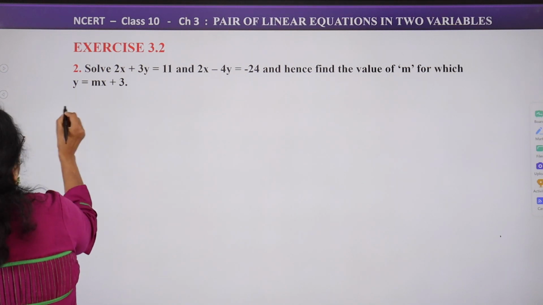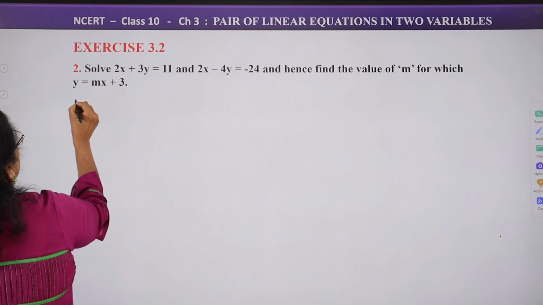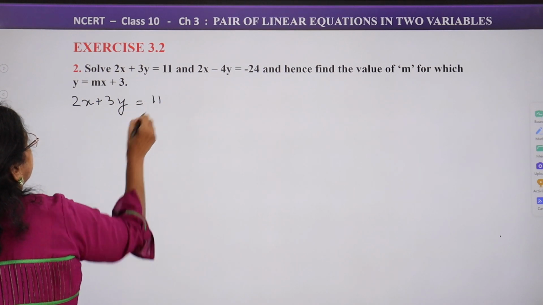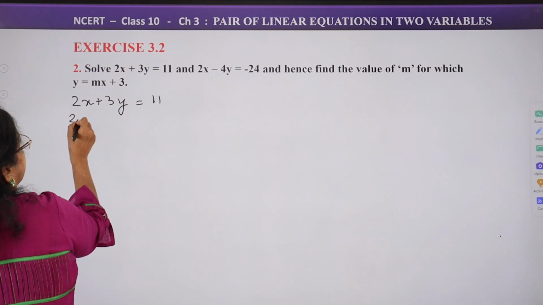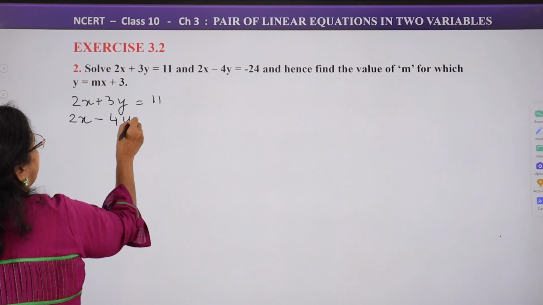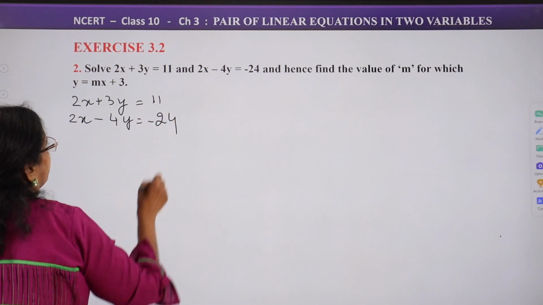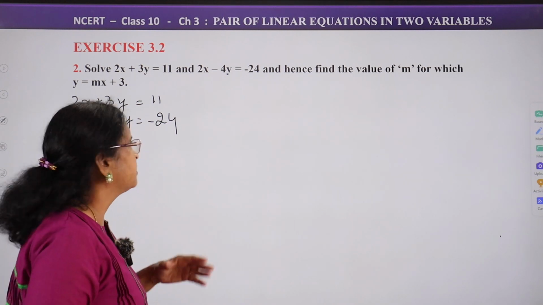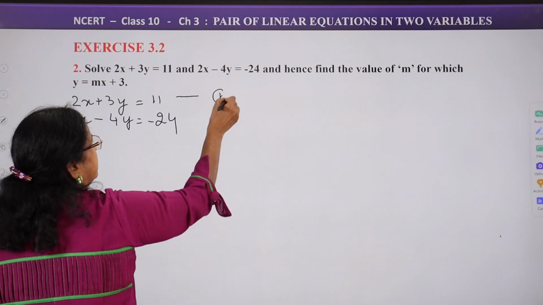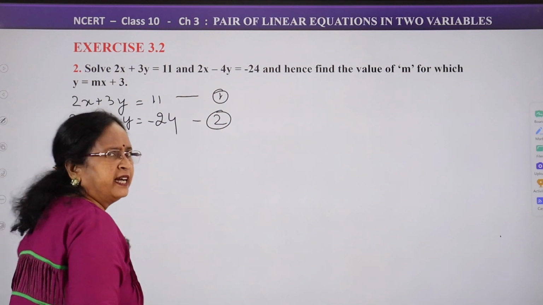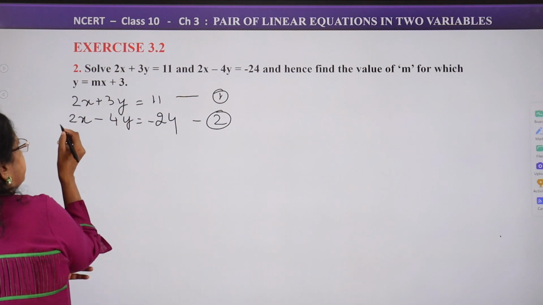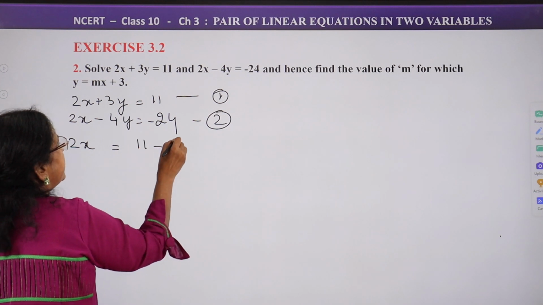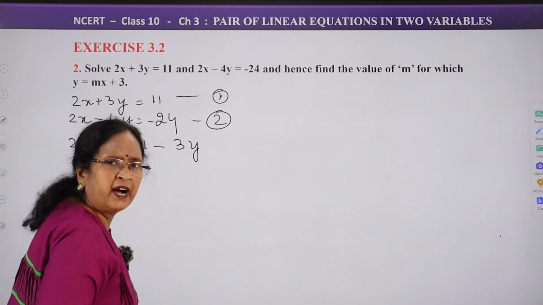Now, first I'll write the equations. 2x plus 3y is equal to 11 and 2x minus 4y is minus 24. Minus 24 a little larger number. So, I take for substitution the first equation. You can take any as said earlier, but for convenience, I am taking the first. 2x is equal to 11 minus 3y.